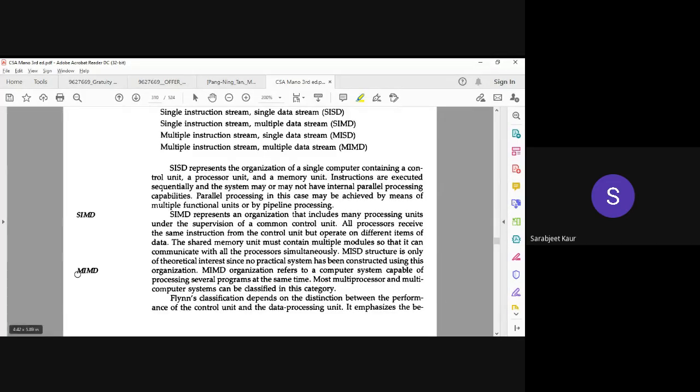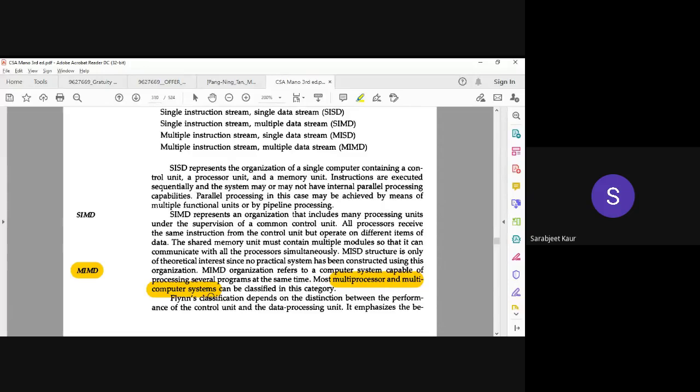Now the next category is MIMD. MIMD is the category to which most of the multiprocessor and multi-computer systems belong. These simply mean multiple instruction, multiple data.